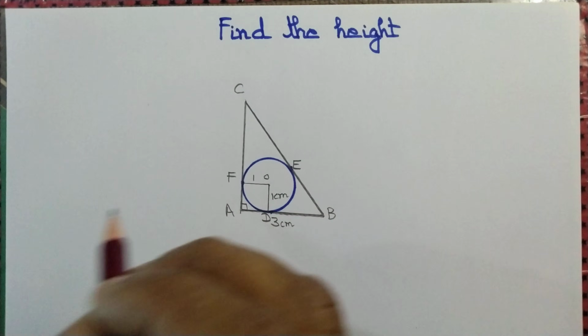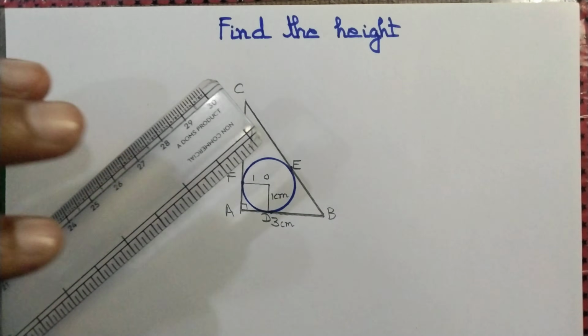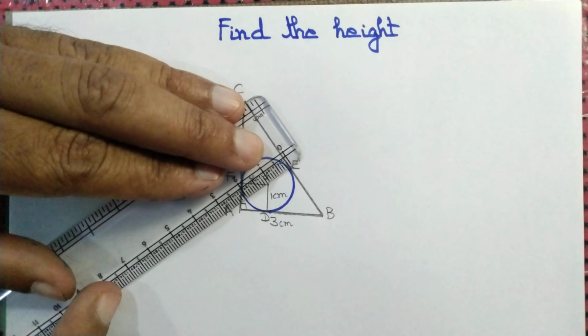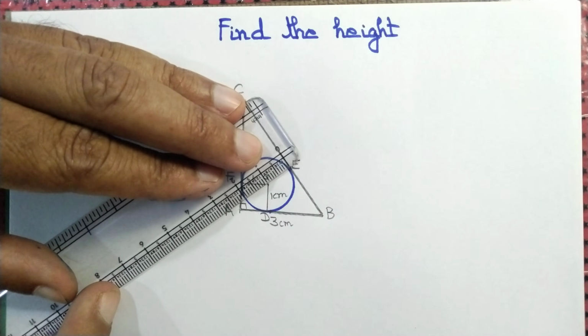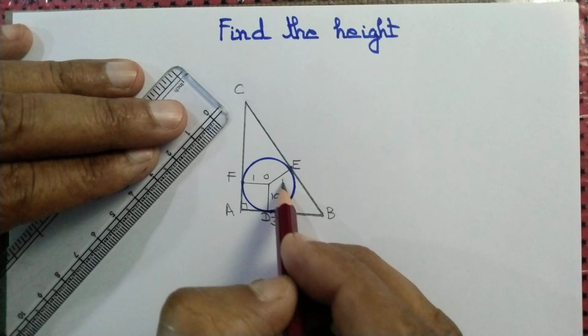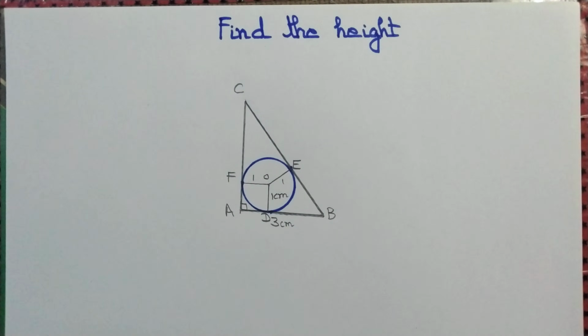OF must also be equal to 1 centimeter. So does OE. All the 3 radii measure 1 centimeter each.